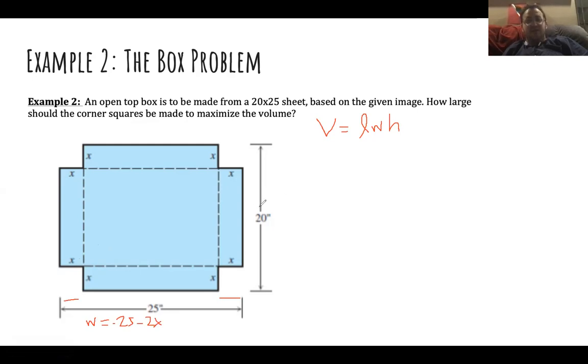Our length, we're also cutting 2 corners out. And then this x piece, when you fold the box, it actually becomes the height of your box.